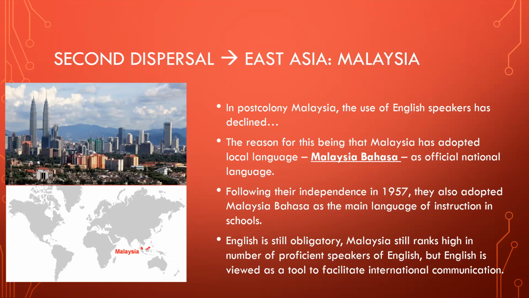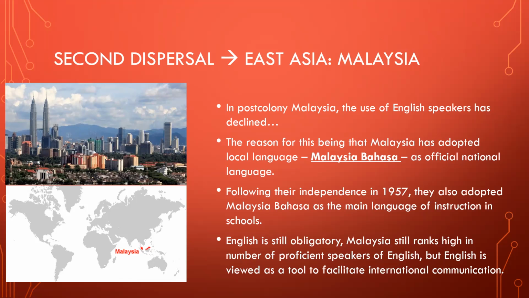Following the independence of Malaysia in 1957, they also adopted Malaysian Bahasa as the main language of instruction in schools. So this is probably a movement of resistance, a movement of maintaining and fighting for one's cultural heritage.